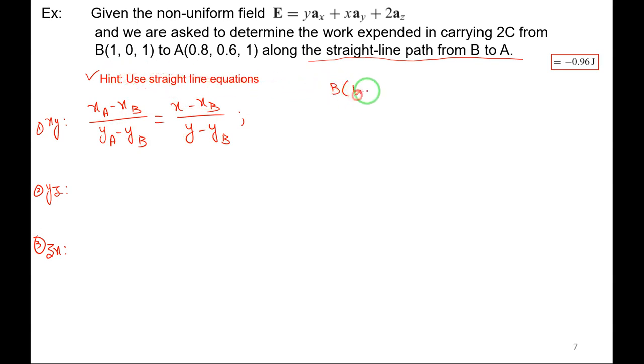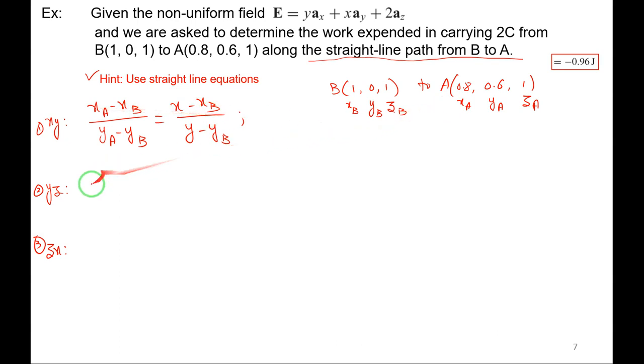Point B is given as 1, 0, 1, and A is 0.8, 0.6, 1. Since B is there, this is xb, yb, zb, the coordinates of point B. Similarly, the coordinates of point A I call xa, ya, za. I hope you got it.